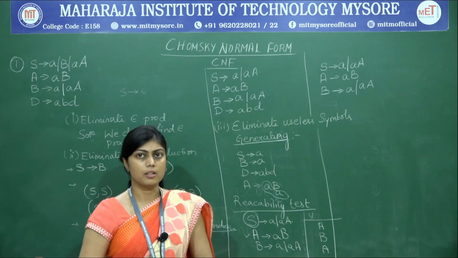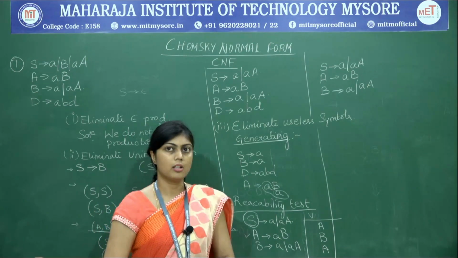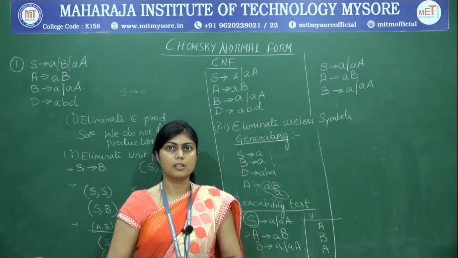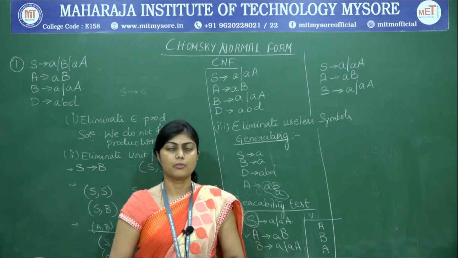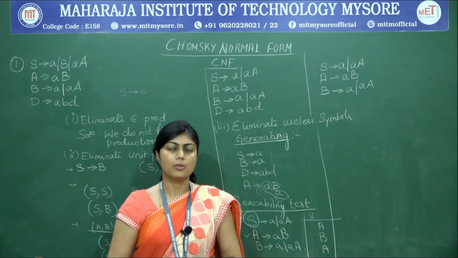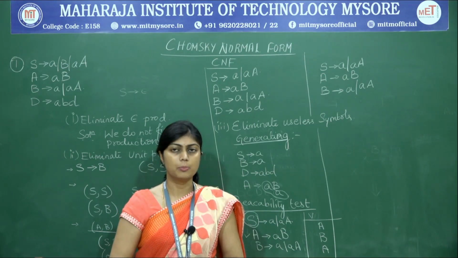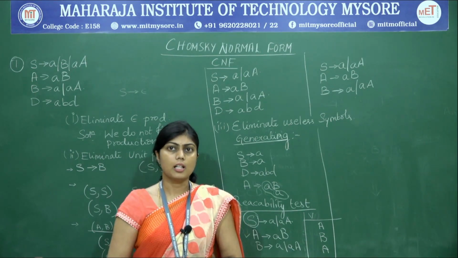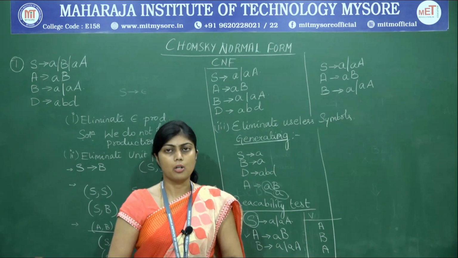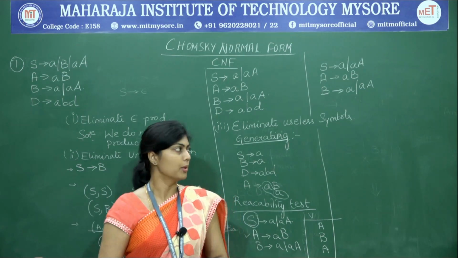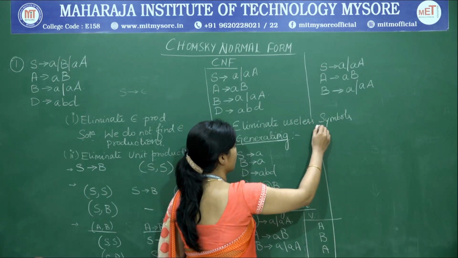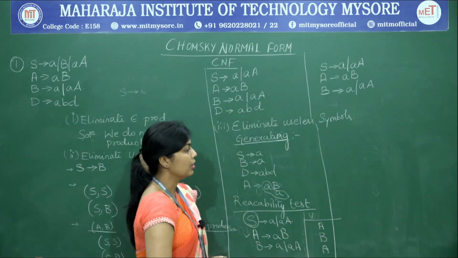We also noticed here, and it is very important, that the grammar that results from step 1 is considered as the input for the second step, that is elimination of the unit productions. The resultant grammar from the second step is taken as the input for the third step, that is elimination of the useless symbols.